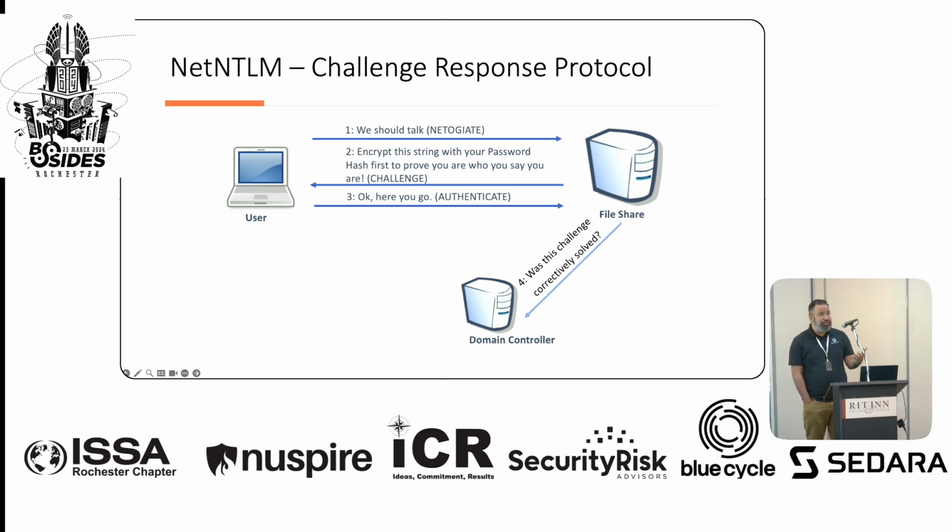Can you verify this is truly him? And the domain controller should have my hash. Otherwise, we've got a bigger problem there. And the domain controller responds back and tells the file share, yeah, I was able to decrypt it. Looks like a timestamp, so it must be him. So we can start talking at that point, all right?